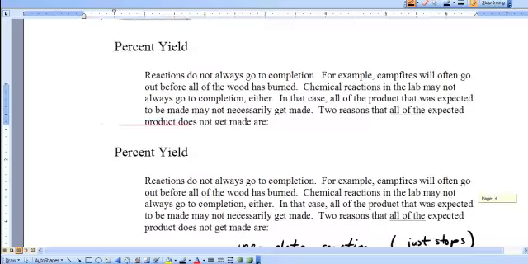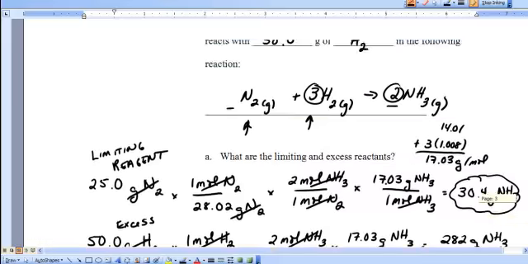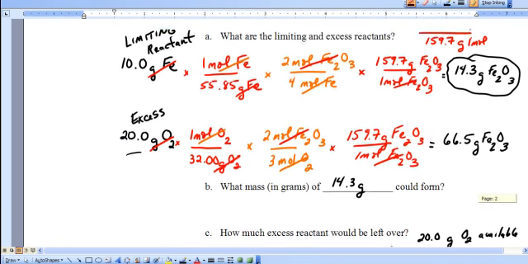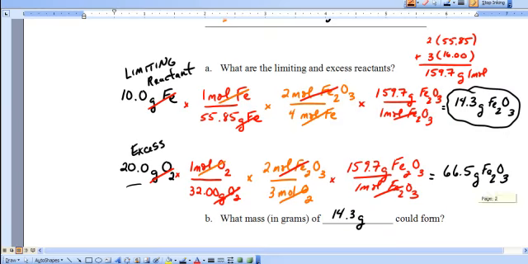Let's scroll on back. And here was the calculation for that particular question, where you took the iron and formed the 14.3 grams of rust. The excess oxygen could have produced the 66.5 grams, but you run out of the iron before you get there. So 14.3 grams of rust is what's expected.